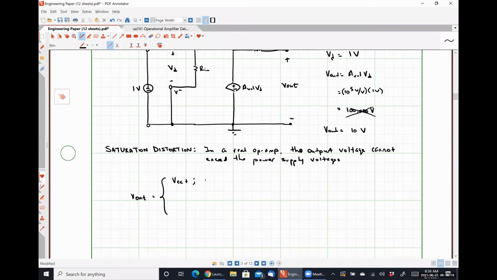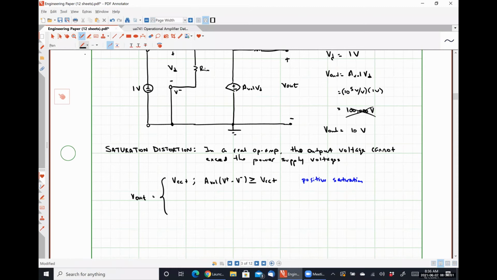when our open loop gain, AVOL, times our differential voltage, which is V plus minus V minus, is greater than or equal to VCC plus. We call this positive saturation.